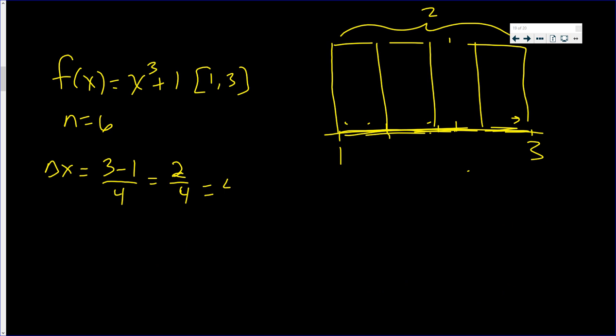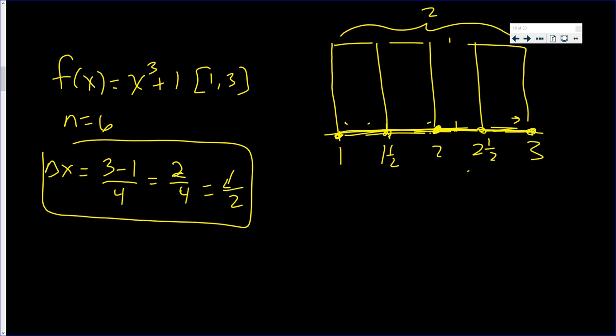So you get 2 over 4, which is a half. This is 1, this is going to be 1 1/2, that's 2, and this is 2 1/2, and our check is, yep, that's 3. So it makes sense that delta x is the right formula. That is, it's the right endpoint, which is 3, minus the left endpoint, over the number n. Okay.